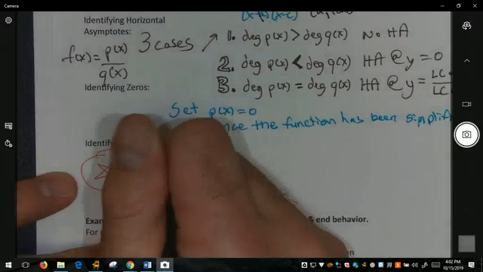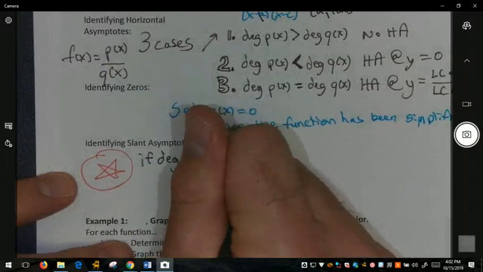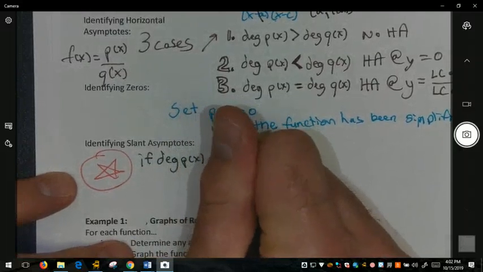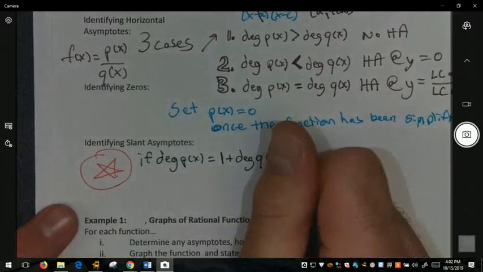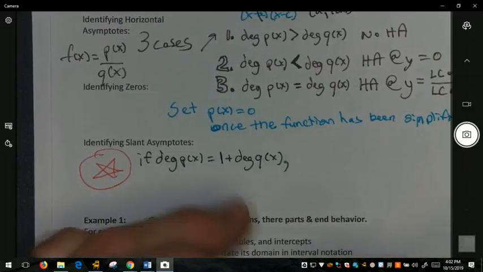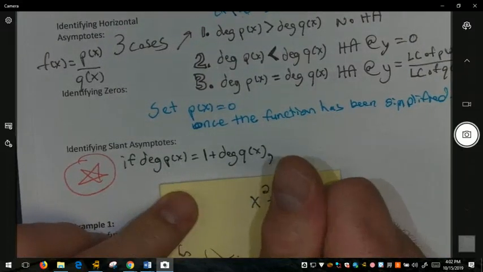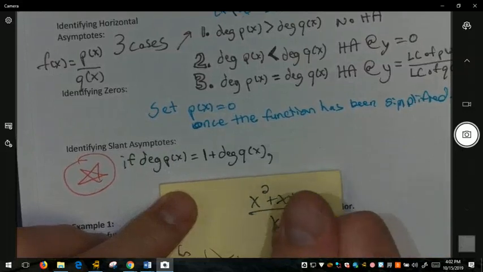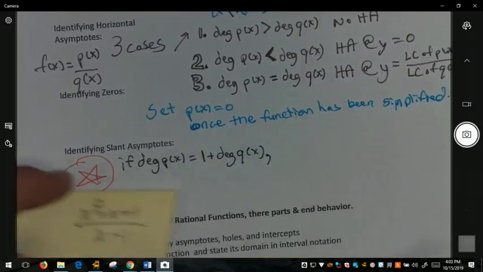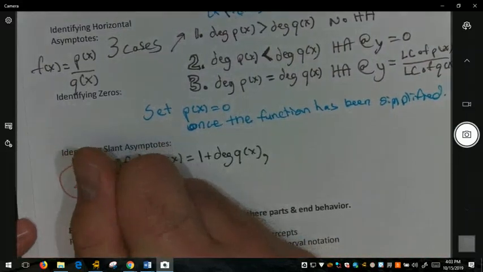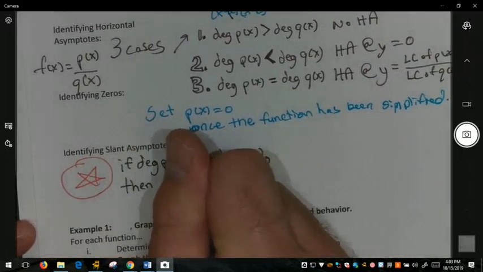If the degree of the numerator, p of x, is 1 greater than the degree of the denominator, q of x, for example, the numerator is a quadratic and the denominator is a linear function. Here my numerator is 1 degree higher than the degree of my denominator. Then a slant asymptote exists.